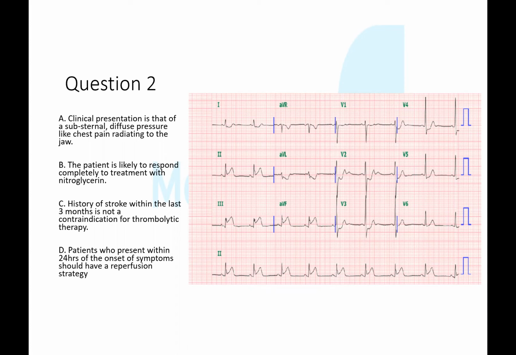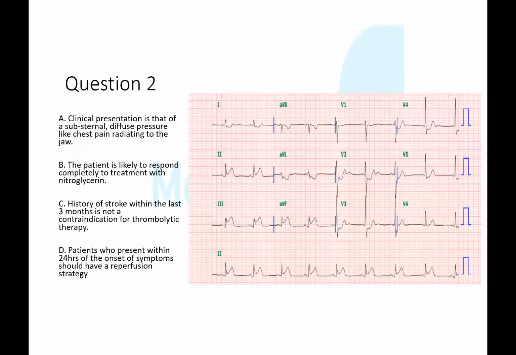History of stroke within the last 3 months is not a contraindication for thrombolytic therapy. Well, that option is a bit doubtful, because one of the contraindications to thrombolytic therapy is if the patient has suffered a stroke within 3 months.